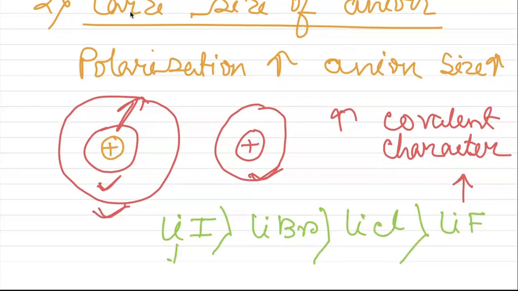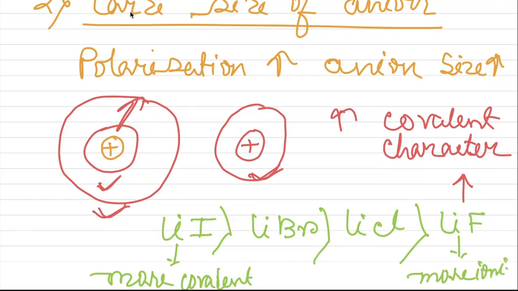So lithium iodide is more covalent, and lithium fluoride will be more ionic. Why? Because the size of the iodide ion is quite bigger than the size of the fluoride ion.